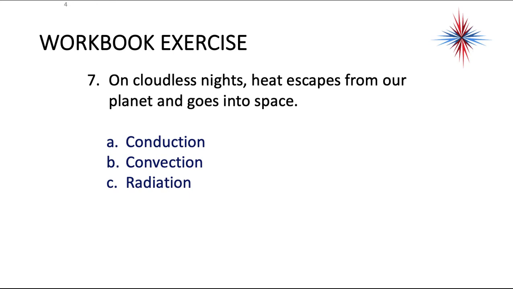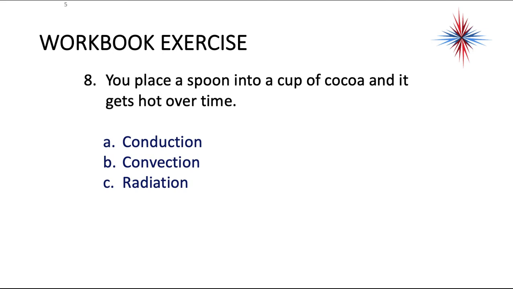On a cloudless night, heat escapes from our planet and goes into space. Is this conduction, convection, or radiation? Once again, radiation is the only way for heat to transfer through the vacuum of space. You place a spoon in a cup of cocoa and it gets hot over time. Is this conduction, convection, or radiation?